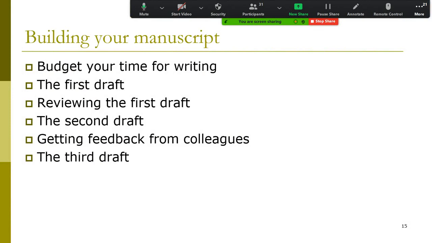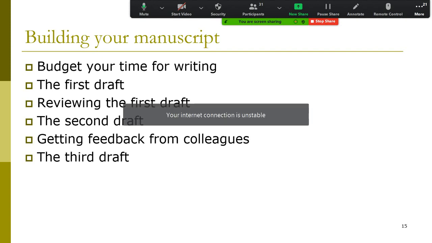So now we come to the publishing process. We should build our manuscript. We should plan for writing and budget our time. We should write the first draft, then review it, then the second draft, or in most cases, we should get feedback from our colleagues and especially from our seniors.